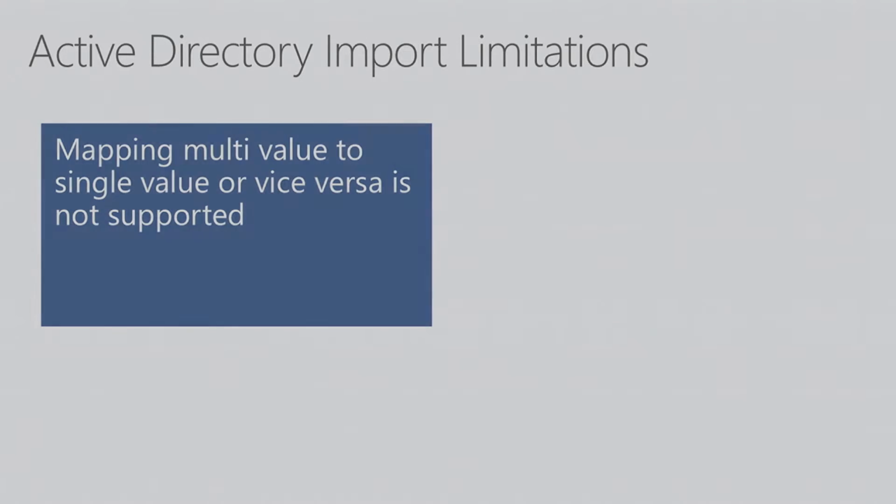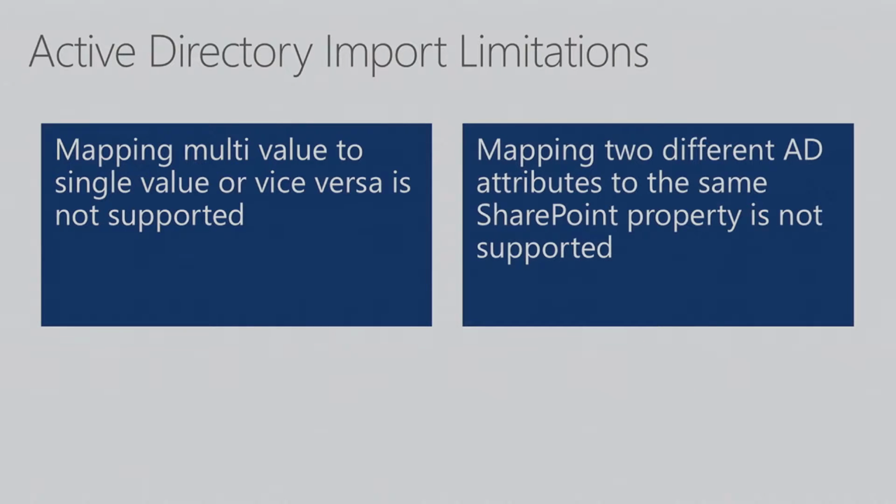Some other things that are less relevant, but they still come up. Mapping different data types is not supported, and mapping 2 different attributes to the same SharePoint property is not supported. Now that last one, you might be thinking, why would anybody do that? But it happens all over the place.